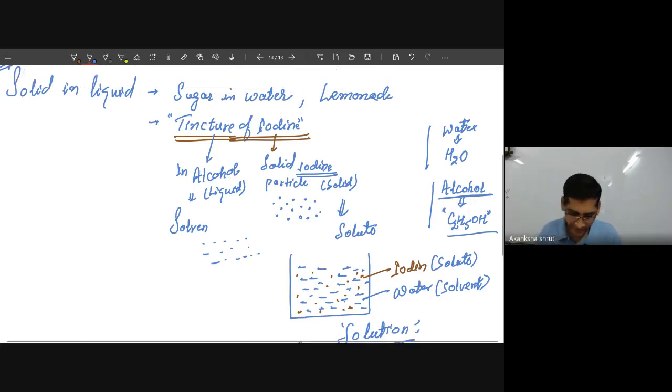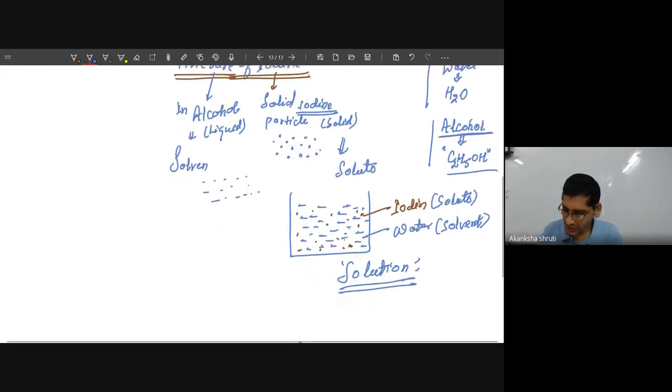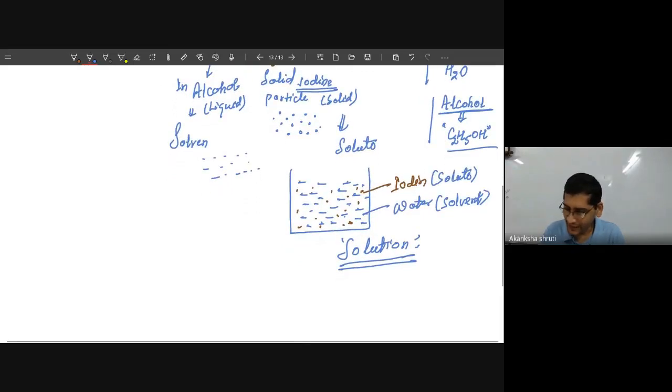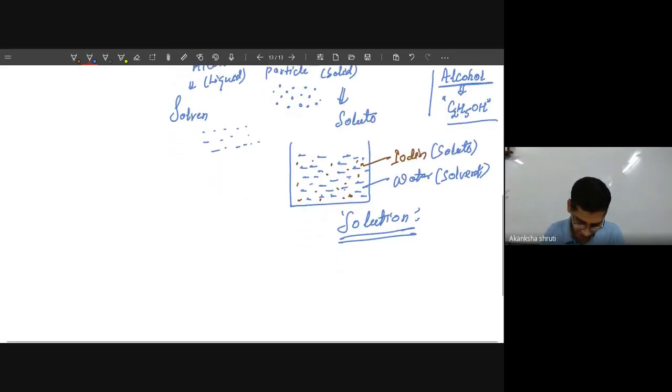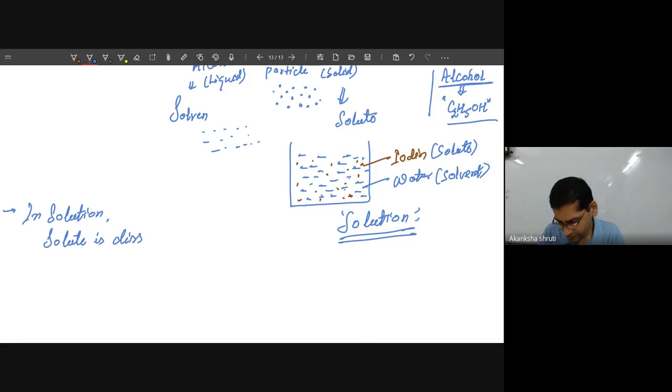Now here we have observed that in solution, solute is dissolved in solvent.